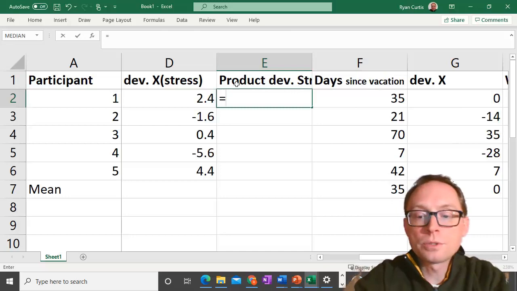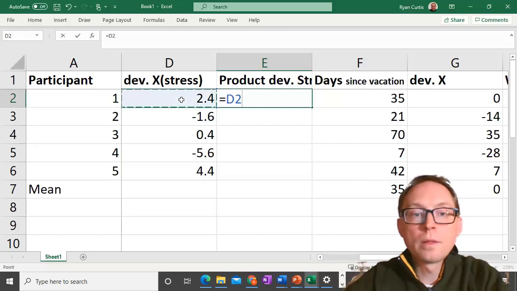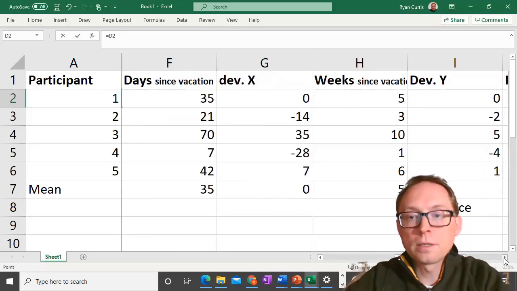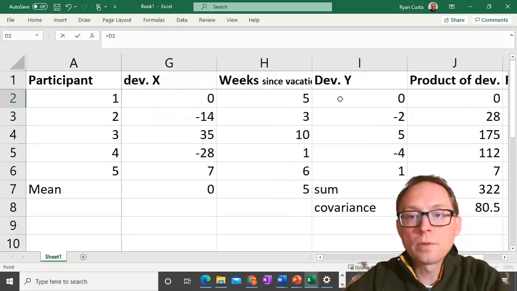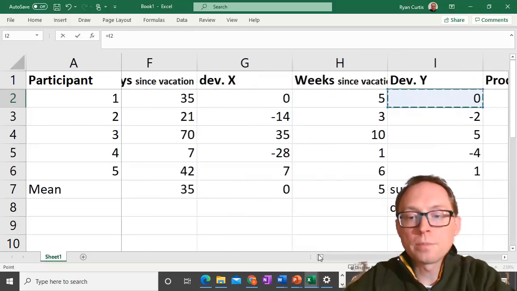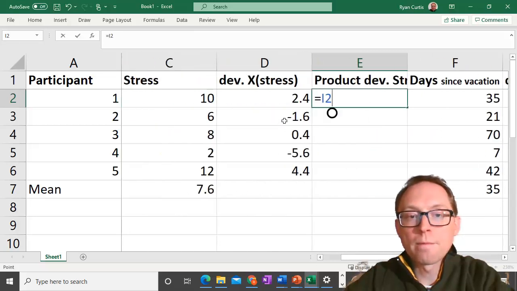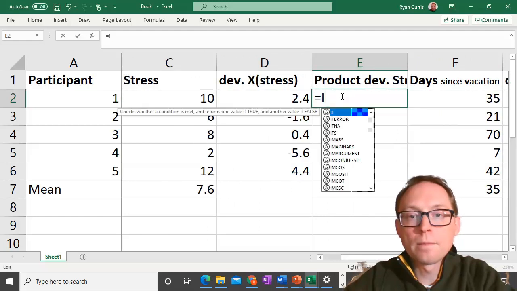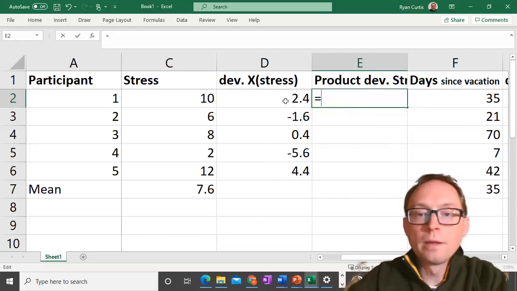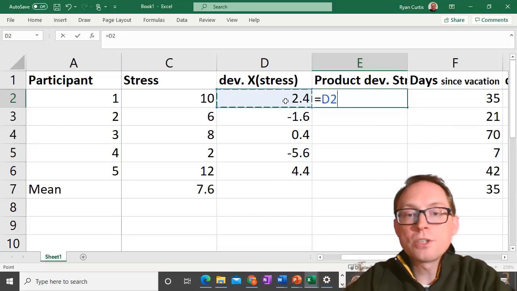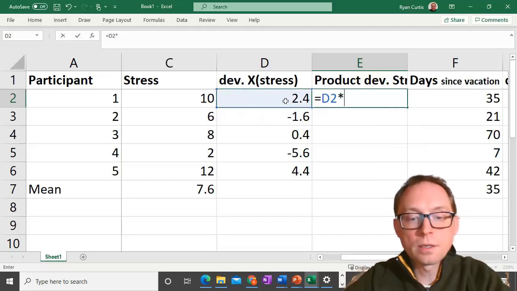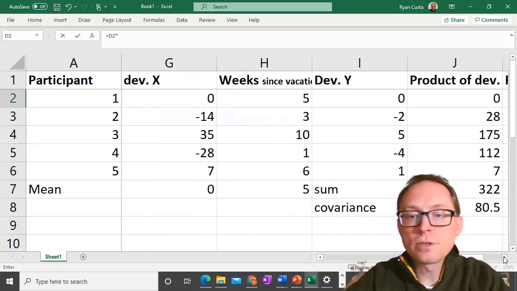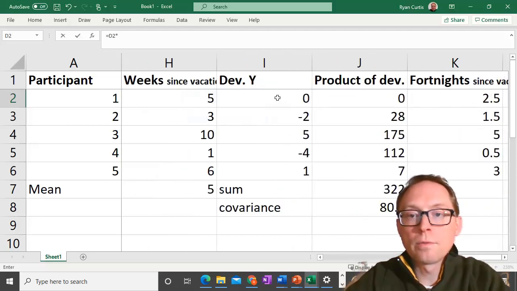This is going to be this deviation for stress times this deviation for weeks. Whoops, I didn't put the times in there. Let me show you again. It's going to be the deviation for stress times the deviation of weeks.